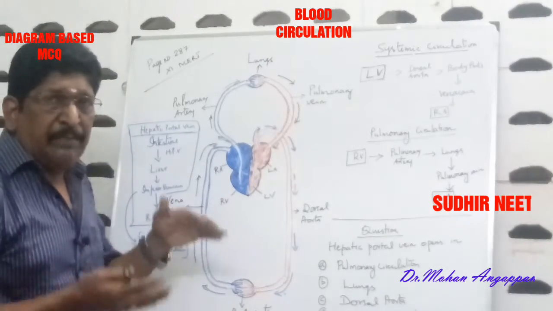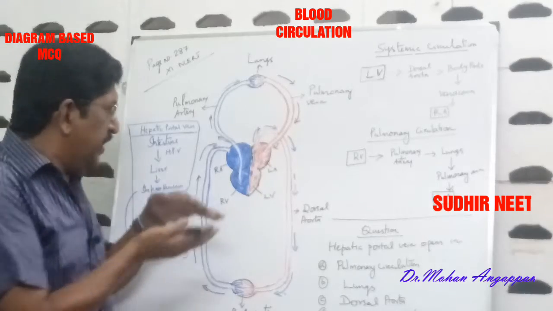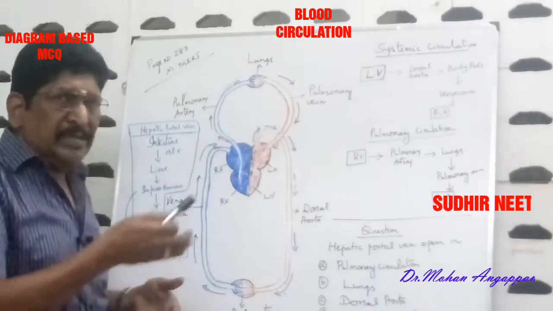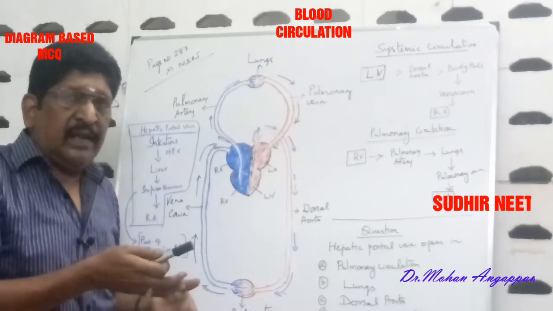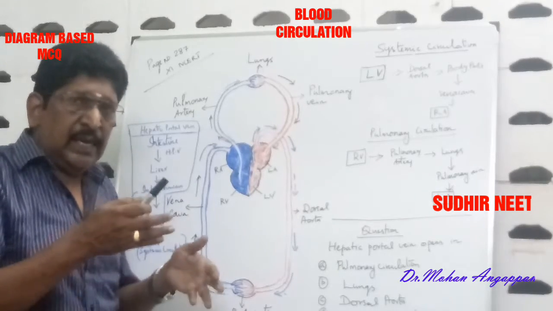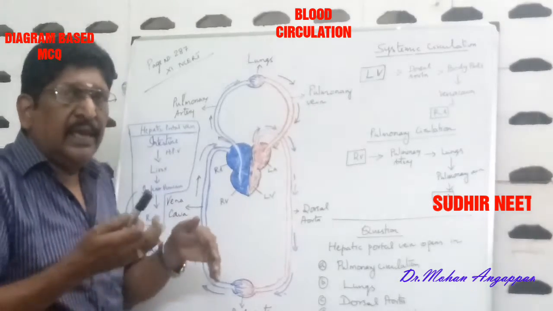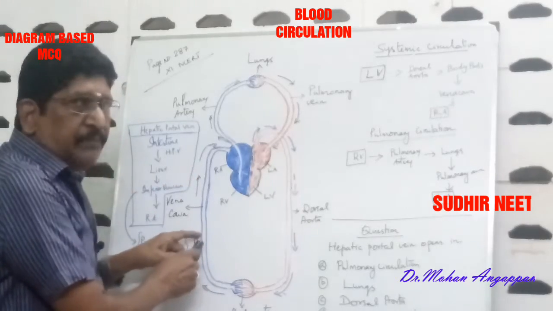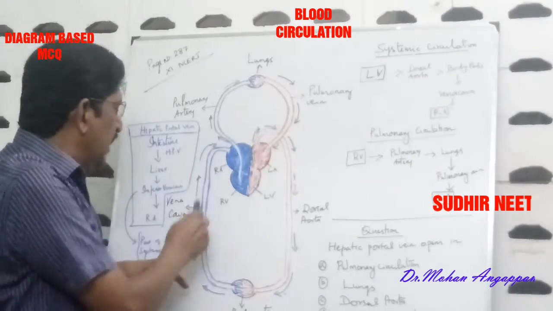So in the hepatic portal system, the hepatic portal vein starts from the intestine and opens into the liver, and then after the purification, it takes the blood from the vein to the inferior vena cava. Here in the book it is given only vena cava.